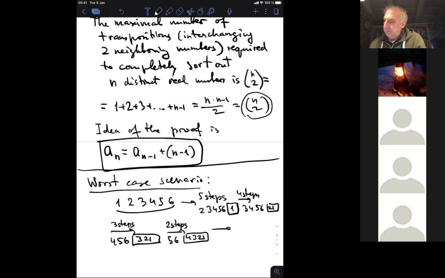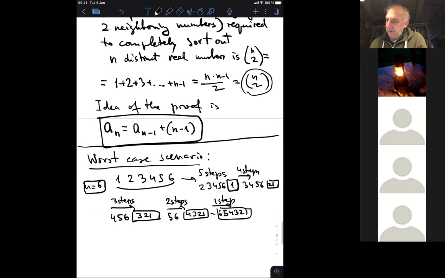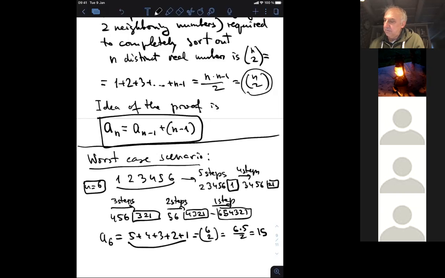And finally, we have one last step to sort the whole thing completely. And if we check the number of steps here, n equals 6. And we have A_6, which is the number of swaps we have done. 5 plus 4 plus 3 plus 2 plus 1, which is 6 choose 2, which is 6 times 5 over 2, which is 15. And that's this sum, of course.